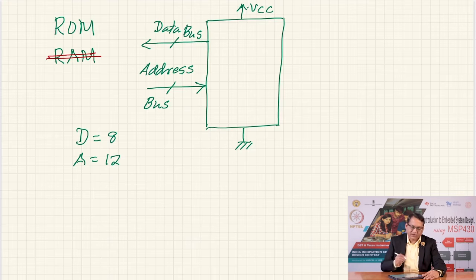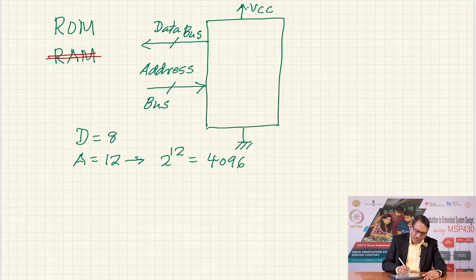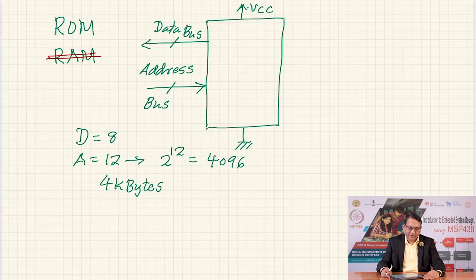If that is the case, that means this ROM device with A12 leads to 2 raised to power 12 locations, which is 4096, right? And therefore, this would be a 4k byte device. 8 bits mean a byte. So, this is a 4 kilobytes capacity ROM device.